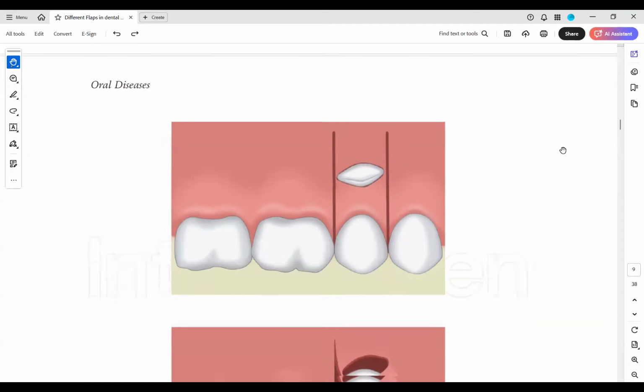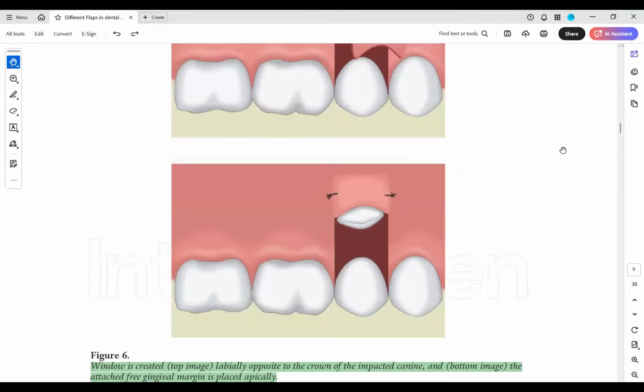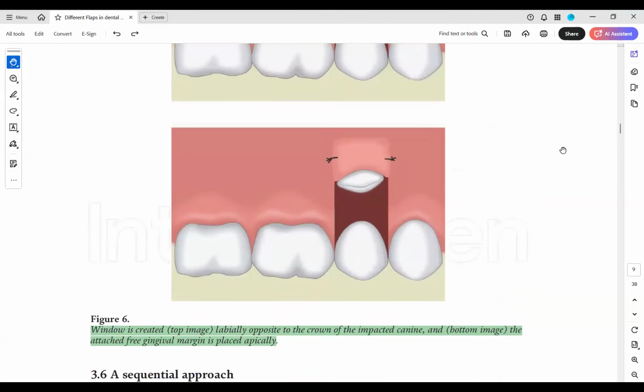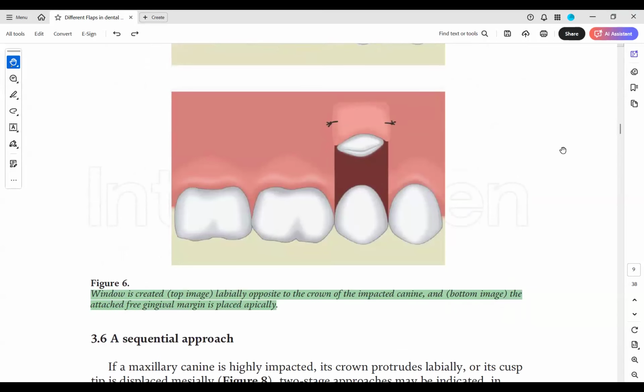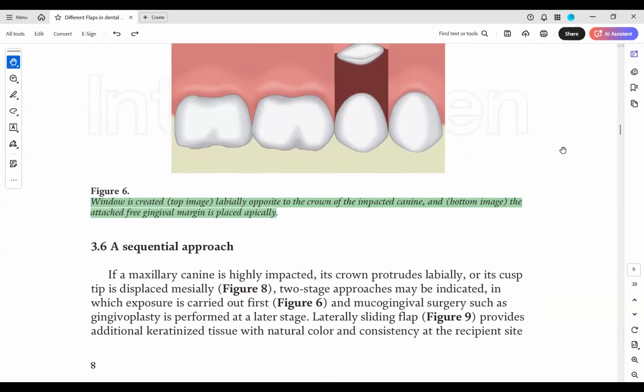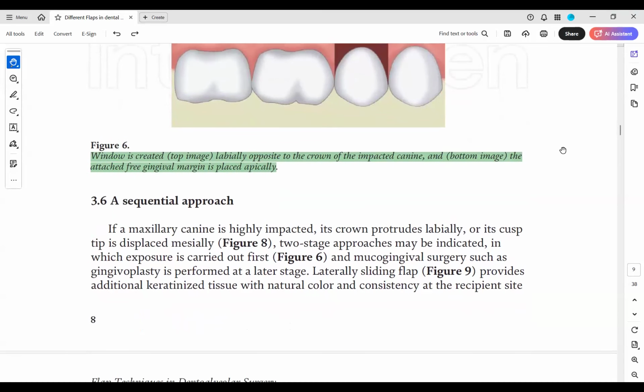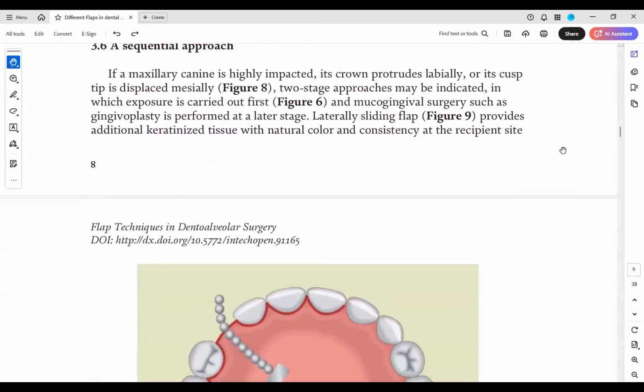Understood? The steps are clear. So now your wire would be visible.